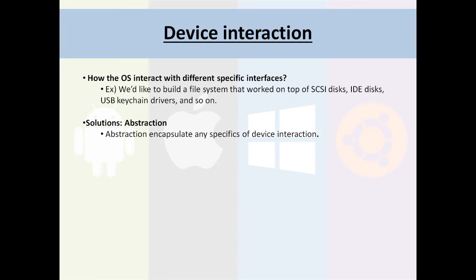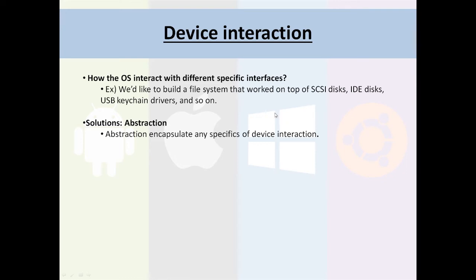The next question you might be asking is, how does the operating system interact with different specific interfaces? I mentioned we have lots of different companies, lots of different types of devices, all with unique characteristics. How does the operating system actually interact with these different specific interfaces?